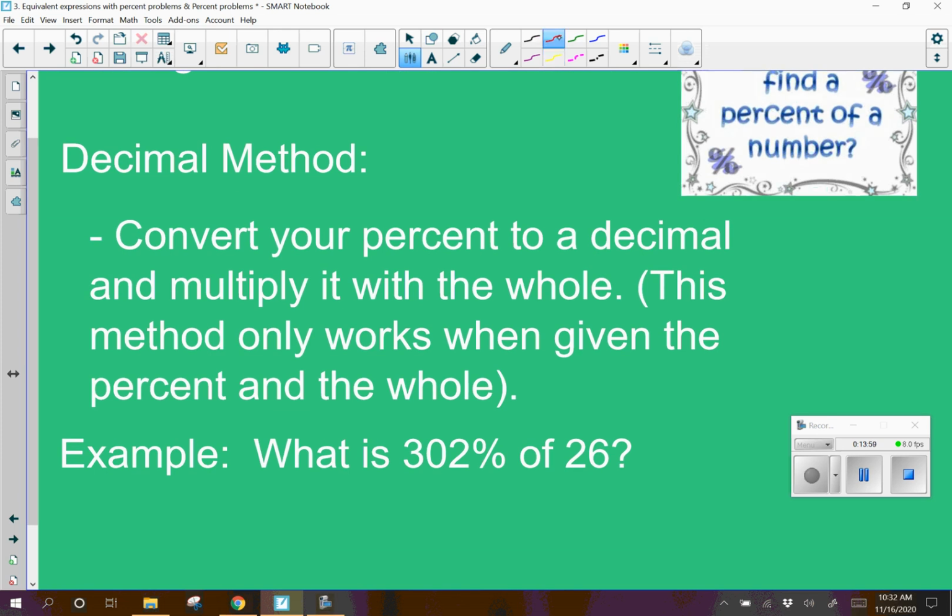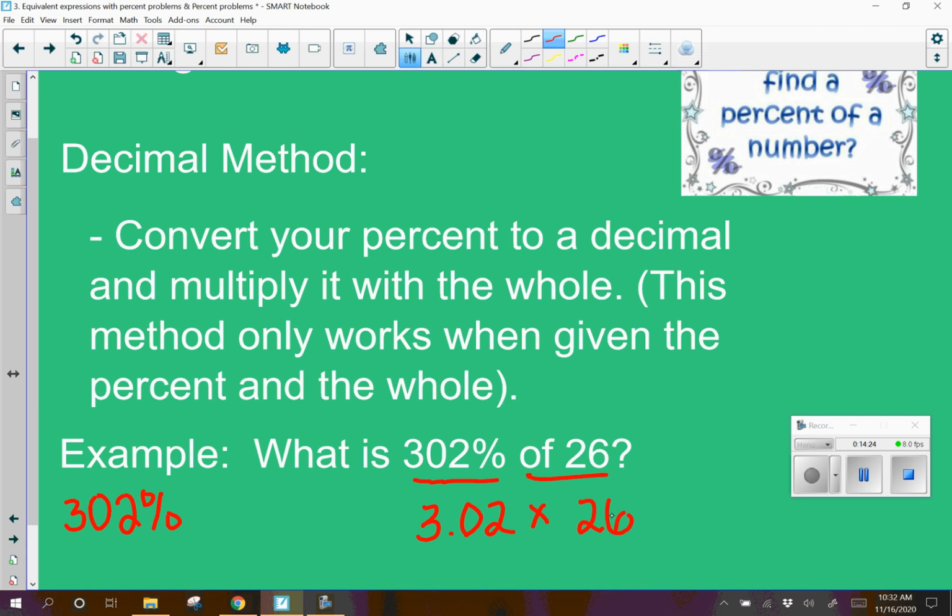So notice this one says, what is 302% of 26? So I'm going to take 302%, I'm going to convert that to a decimal, and we know to go from a percent to a decimal, we're just scooping in 2 places. So the decimal would be 3.02. Of indicates multiplication, and then times your whole.